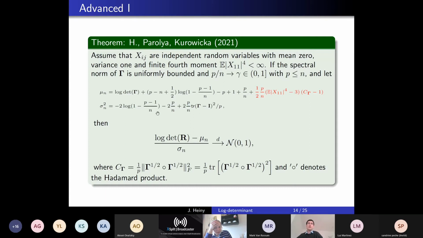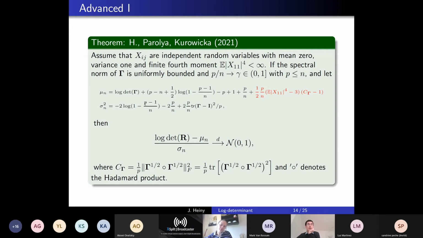So for instance, if p equals n, then the variance is of order log n, and you need slightly different, or actually very different, arguments in the proof to combine these two cases. It gave us a lot of headaches to come up with this unified formula. Also, it's very delicate, this p minus 1 here.